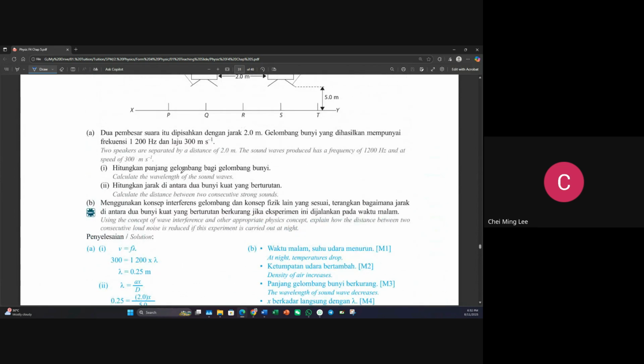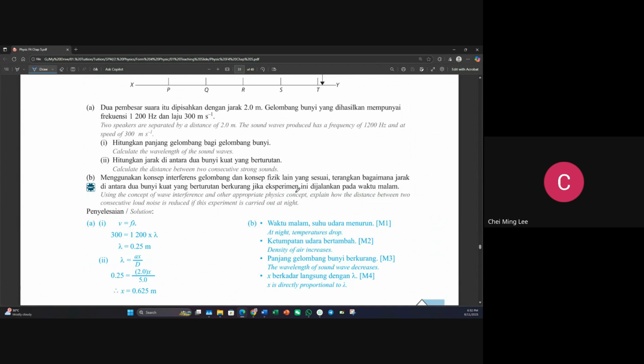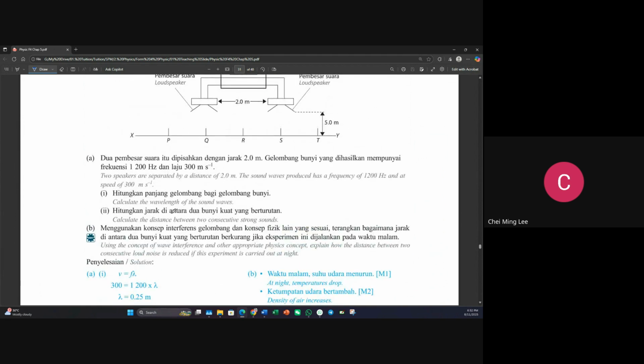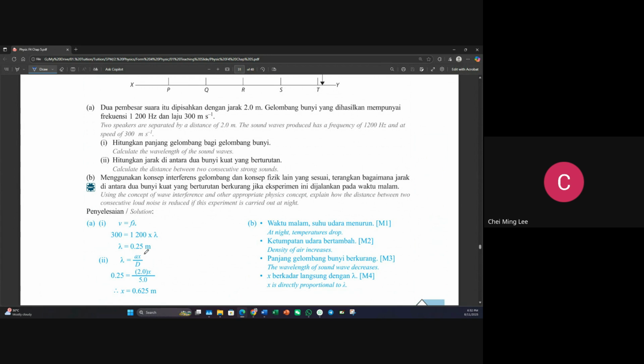Then calculate the distance between two consecutive strong sounds. That means he wants you to find x. A is provided, 2 meters. X divided by 5 equals 0.25. So you get x equal to 0.625 meter.